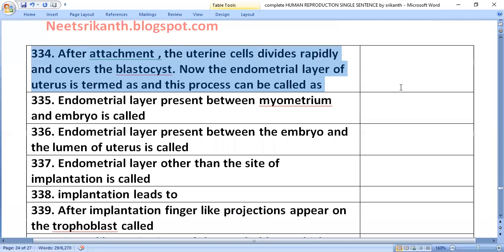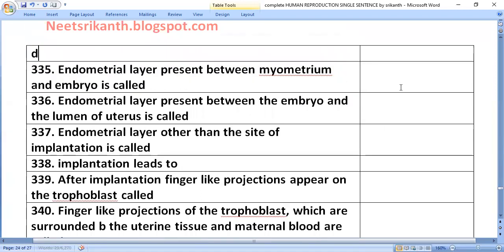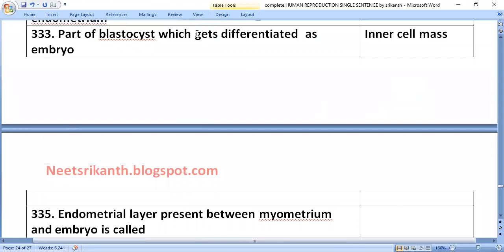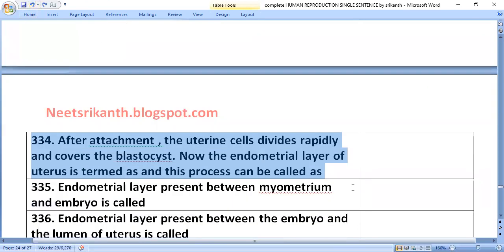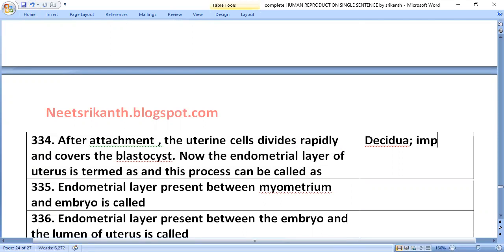After attachment, the uterine cells divide rapidly and cover the blastocyst. Now the endometrial layer of the uterus is termed decidua, and the process can be called implantation. The endometrial layer present between the myometrium and embryo is called decidua basalis.